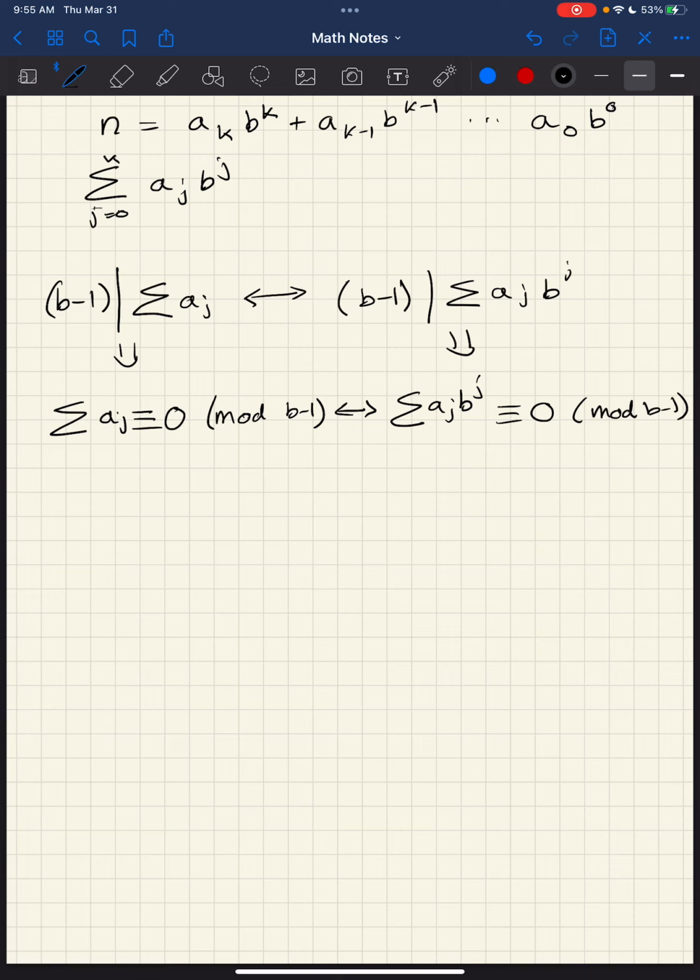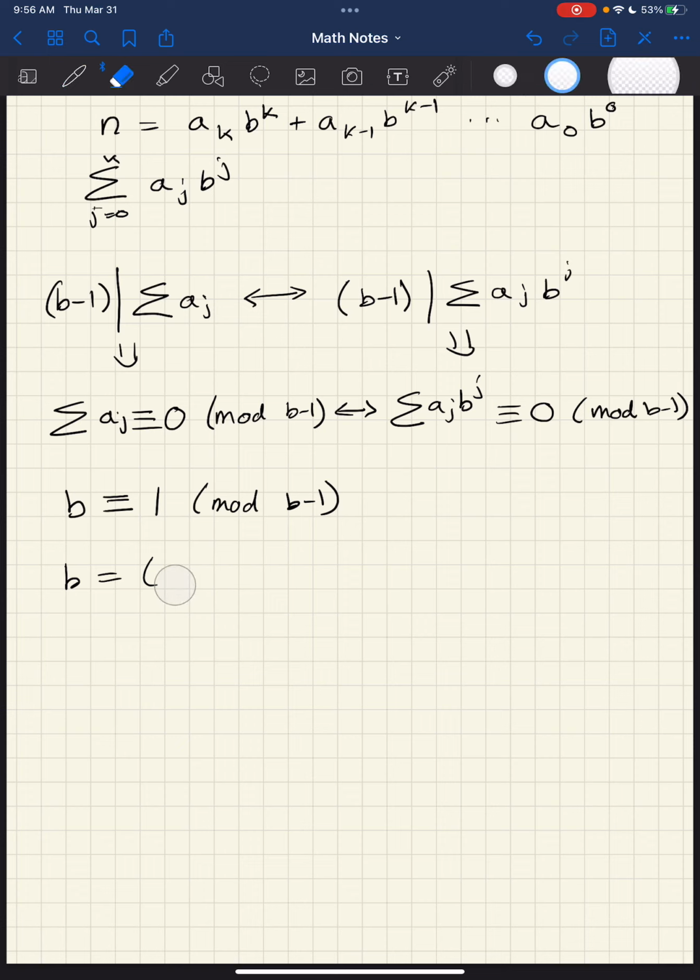And so the first thing I'm going to do is to recognize that b is congruent to 1 in modulus b minus 1, right? That's because b is 1 more than b minus 1. b is equal to b minus 1 plus 1.